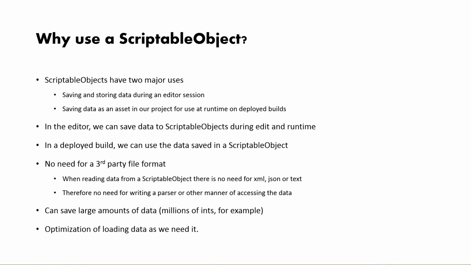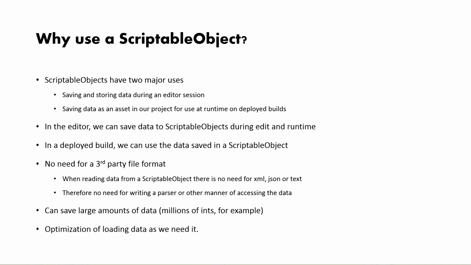So with a scriptable object, you can start to make these into smaller packets. You can save one level per scriptable object, and each one of those can be an asset, and you can have a reference to those assets, or a list of references to the assets that you need. Then your framework only needs to load in the references, which are very small, and then you can access the data one level at a time, so that you don't have to keep all of that in memory, so that you can push all of that down as an asset.